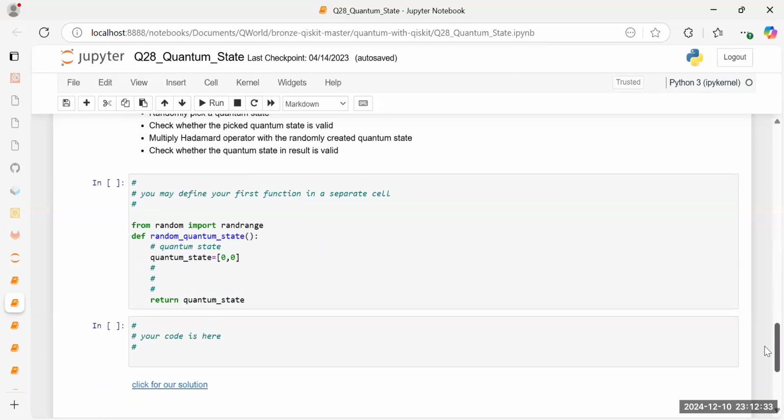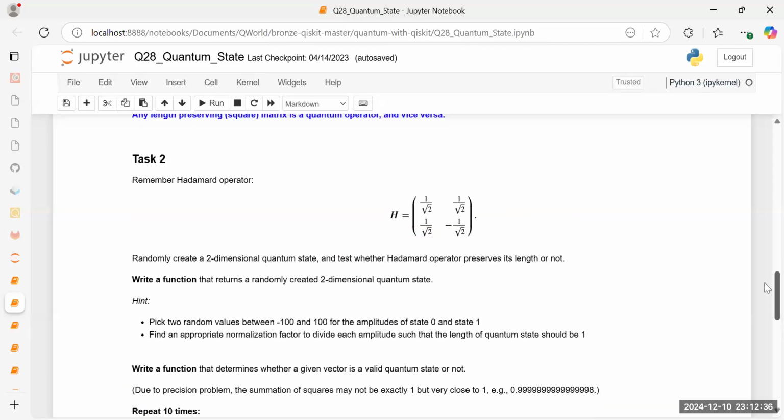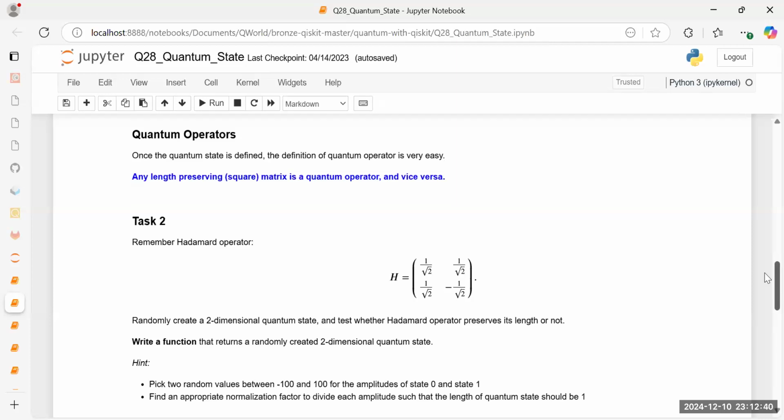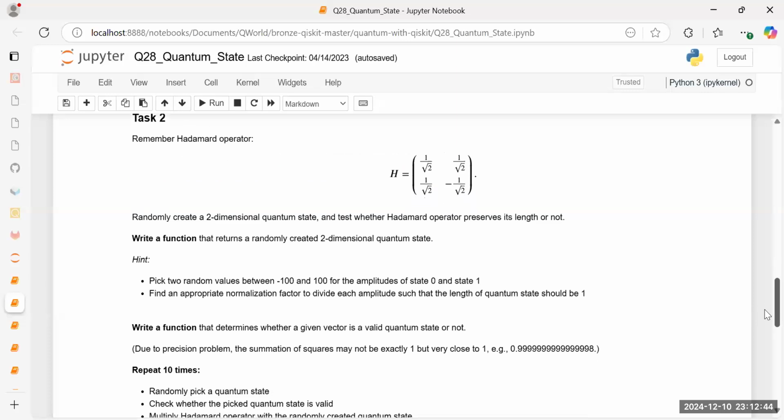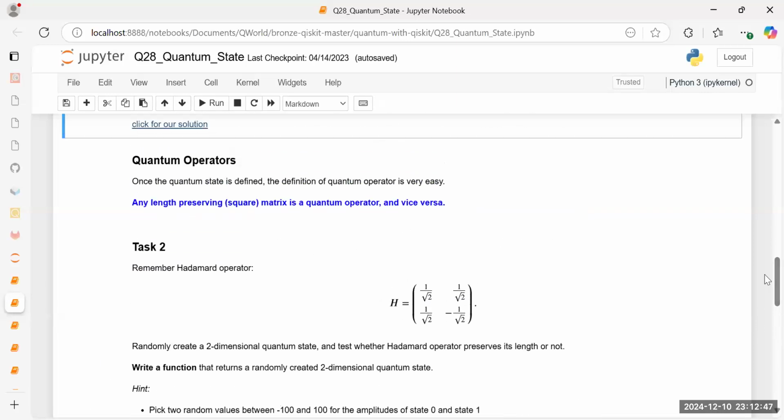So moving on. For our quantum operators, because we've already defined the property, although I'm still going to redefine this rule a bit when we get to the next notebook, for now we have the rule whereby if we square these entries and sum them up, they should sum up to 1.